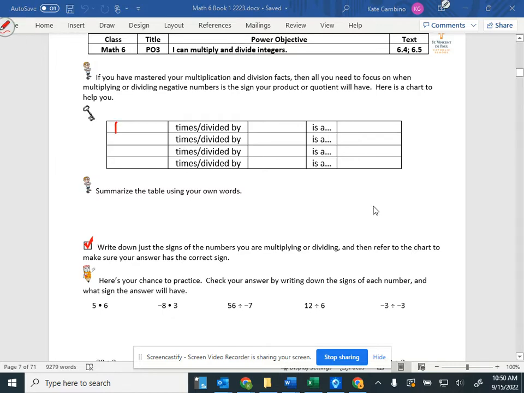If we have a positive integer, and we're multiplying or dividing by another positive, our answer will be, anybody know? Positive. It will be positive.